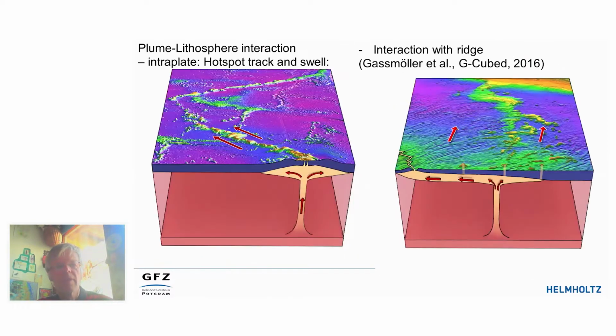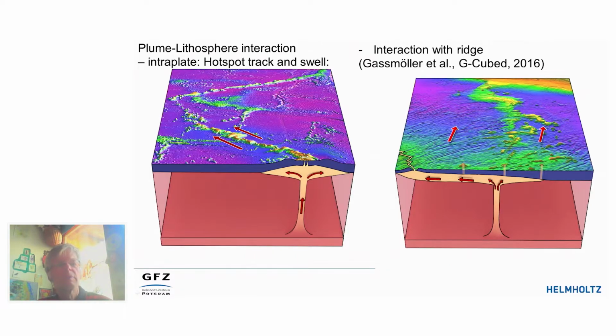Once the plume comes up, it will interact with the lithosphere. The simplest case is for Hawaii. Here is a cartoon showing a stationary plume head forming under the lithosphere as the plume spreads underneath it, and at the center of it, you will create a hotspot track.